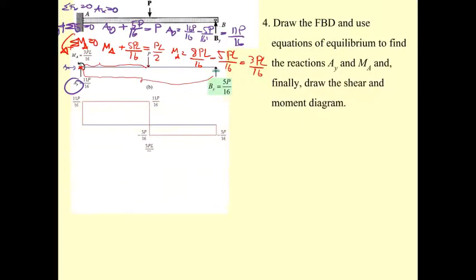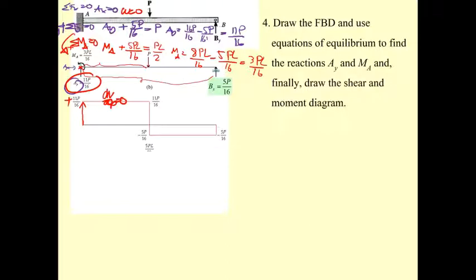Now you are ready to draw the shear diagram. You can do it easily. You have upward here of 11P over 16, and w here is 0, so dV/dx is 0.